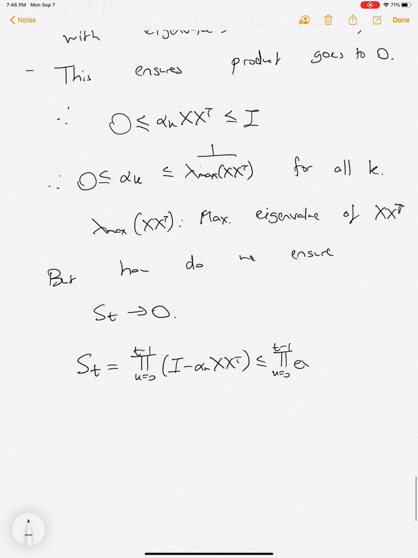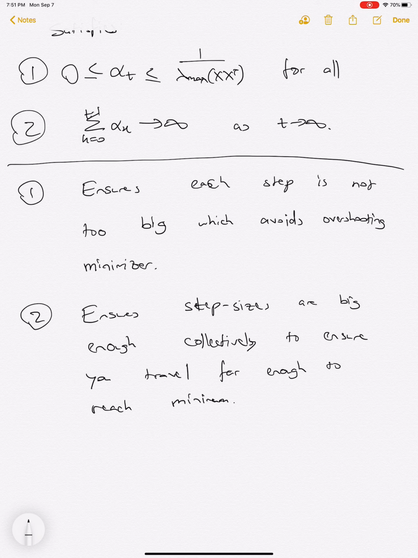So if you choose a sequence of step sizes that's so small, you may never actually get to the minimizer. So you need to make sure that your step sizes are small enough that you don't overshoot the minimizer, but you also need to make sure that they're collectively big enough, which means that no matter how far away you are from the minimizer, you'll eventually get there.